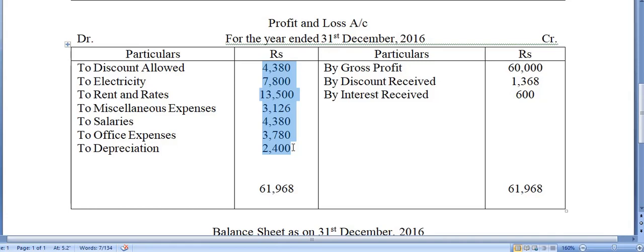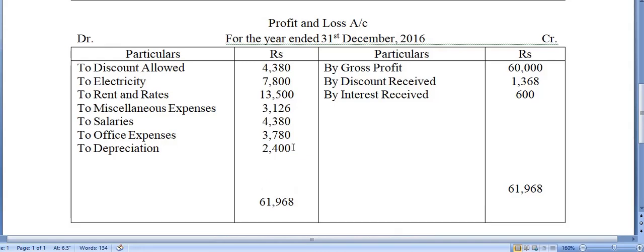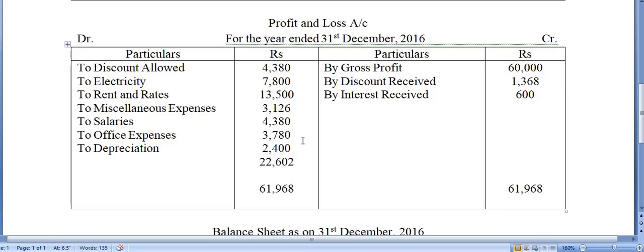The total would be 39,366. So we must subtract this amount from 61,968. How much will you get? 22,602. So this is the balance, and if the balance appears towards the debit side, it is called profit. But if the balance appears towards the credit side, it is called loss.